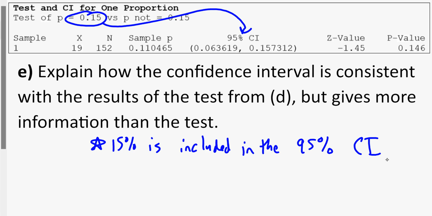The benefit of this is the confidence interval gives an interval of plausible values when the hypothesis test just allows us to conclude about H naught.